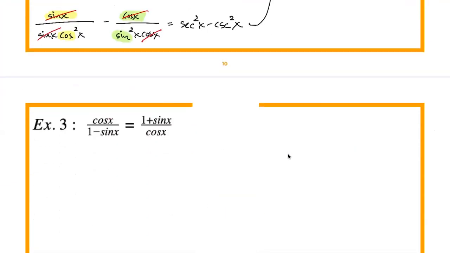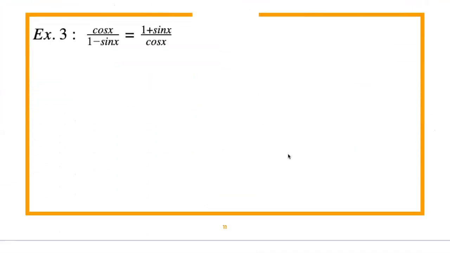All right, let's take a look at example number 3. I'll give you about 30 seconds. Think about some ideas. What do you want to do?